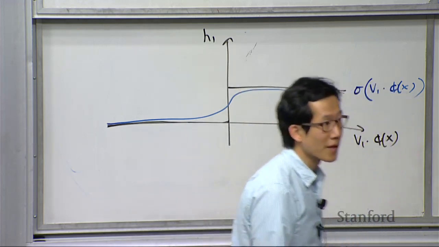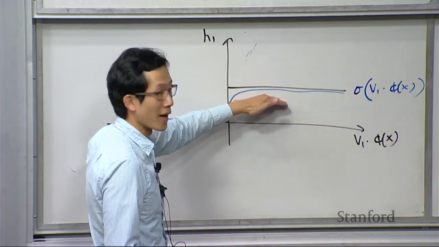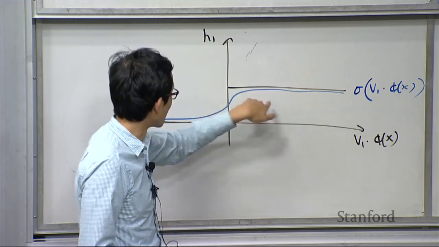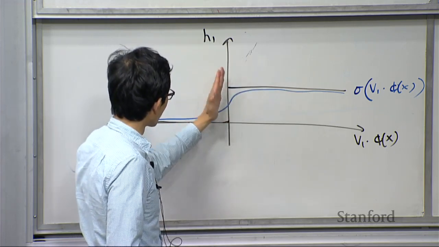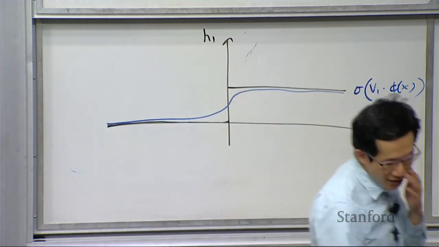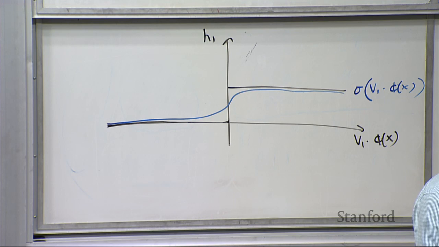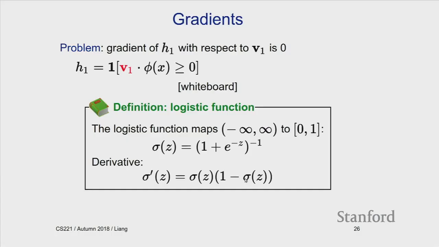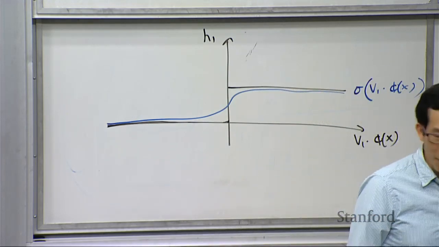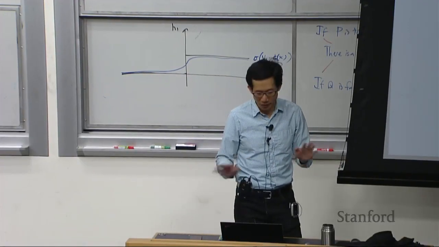The property that the sigma function has is that it's differentiable everywhere. So if you're here, there's a gradient. If you're here, there's a gradient, and so on. Which means that we can take the derivative and we get some value which is not going to be 0. As a side note, sometimes it's really small. Over here, the gradient is pretty close to 0, and that causes some problems, which we can talk about later.